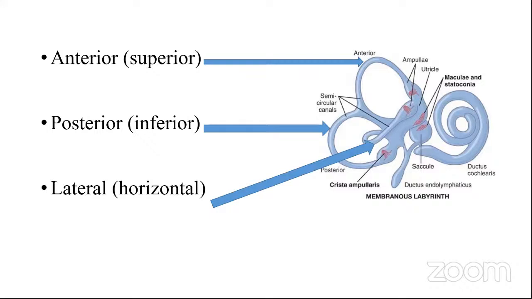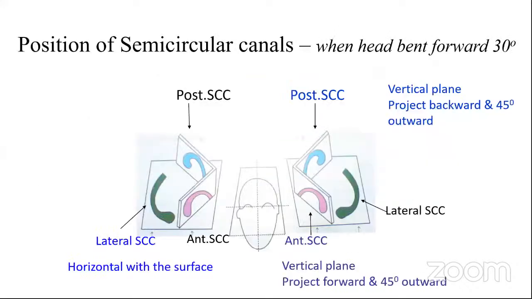So, this is another diagram which clearly shows the semicircular canals, utricle, saccule, and cochlea. Now, the position of the semicircular canals when the head is bent forward 30 degrees.